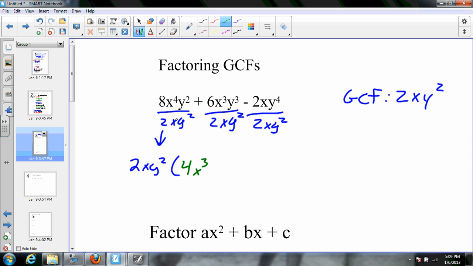Y squared over y cancels out. Plus 6 over 2 is 3. X to the third over x is x squared. Y cubed over y squared is y. Minus 2 over 2 is 1. X over x cancels out. Y to the fourth over y squared is y squared.